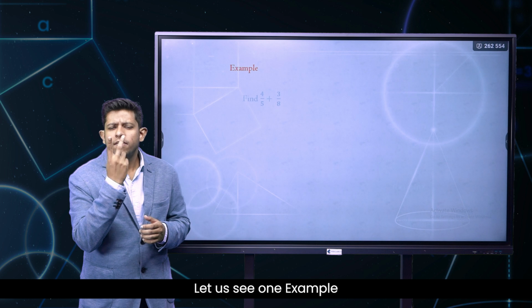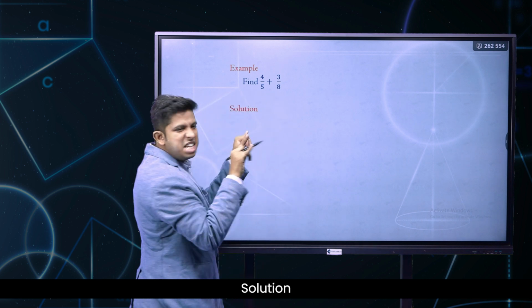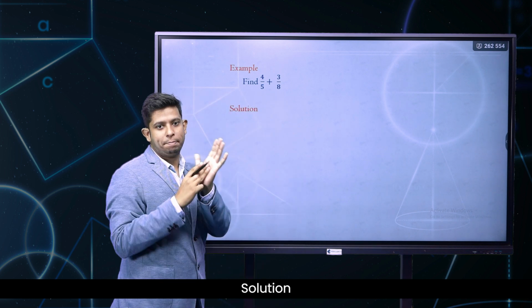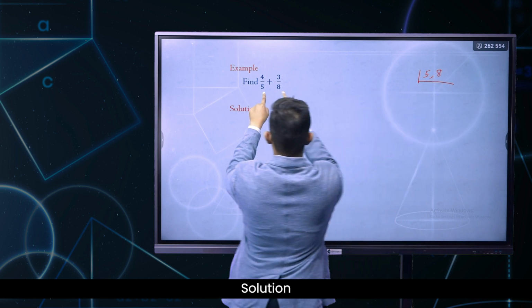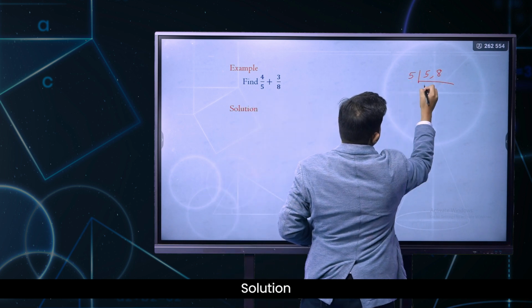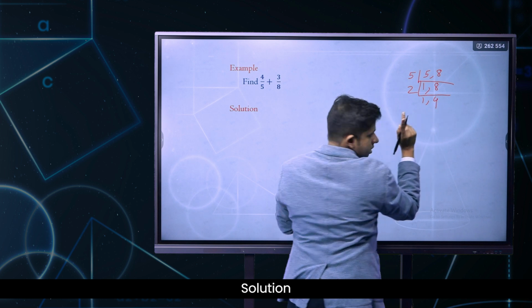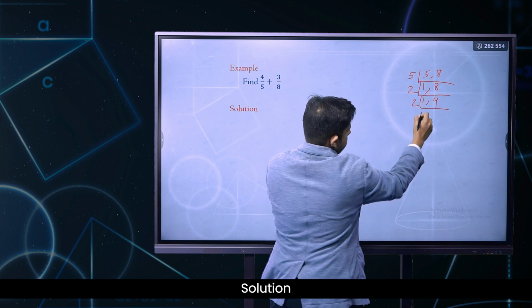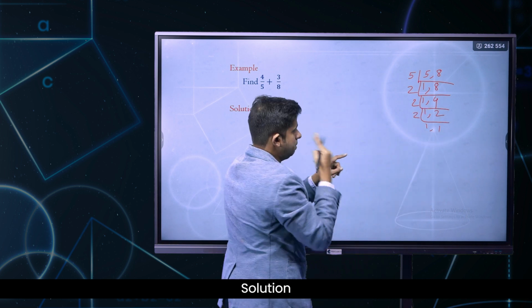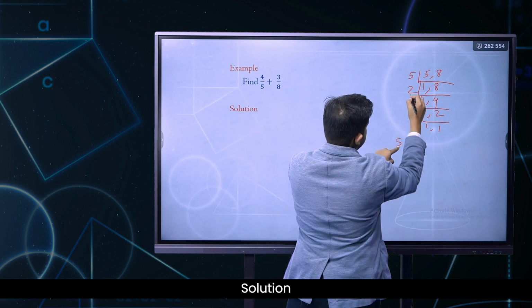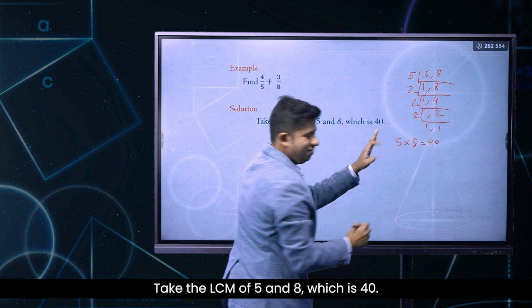Let us see one example. Find 4 by 5 plus 3 by 8. Solution. Take the LCM of 5 and 8, which is 40.